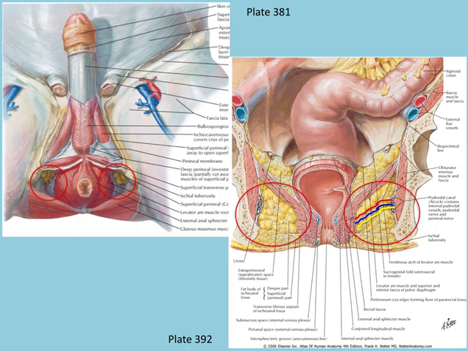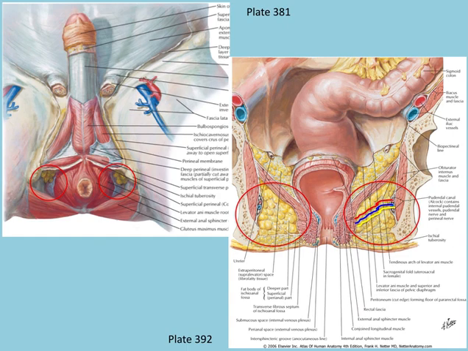The figure on the right shows you again with the red circles the ischial-anal fossa, and with the circle on the left side of plate 392, you can see the pudendal canal running along the lateral aspect of that ischial-anal fossa.